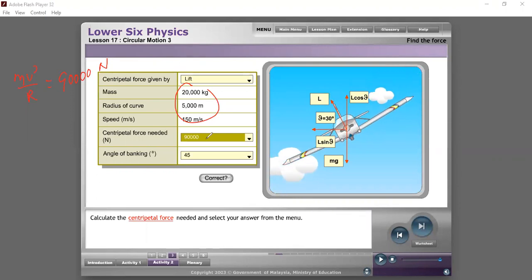That is the centripetal force needed. So this 90,000 Newton, mv squared over r is equal to L sin delta.